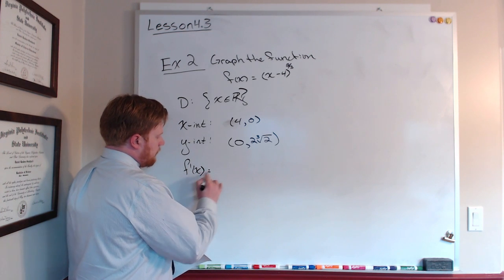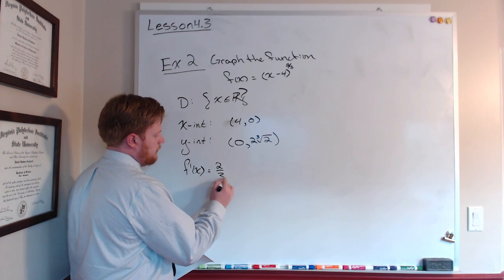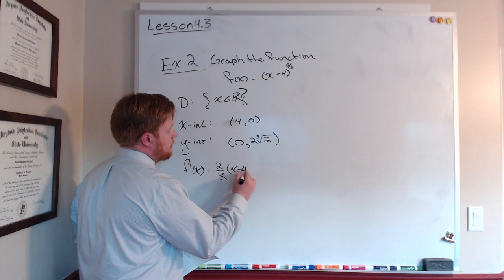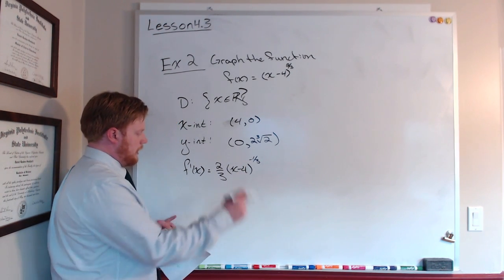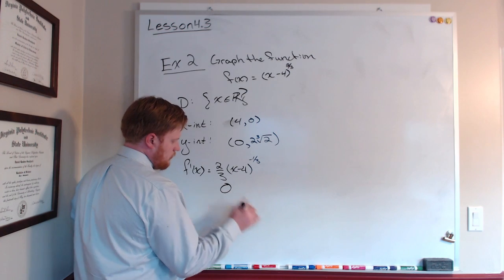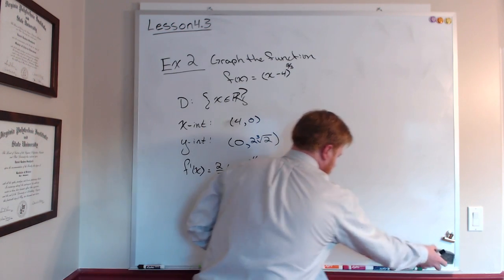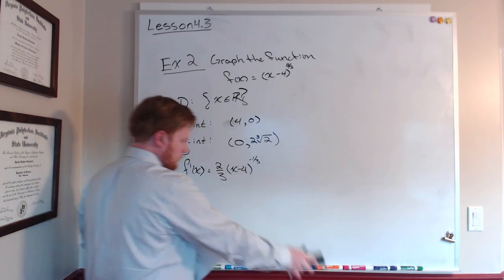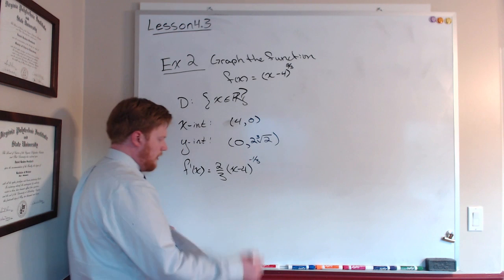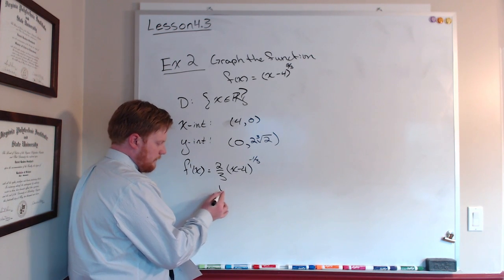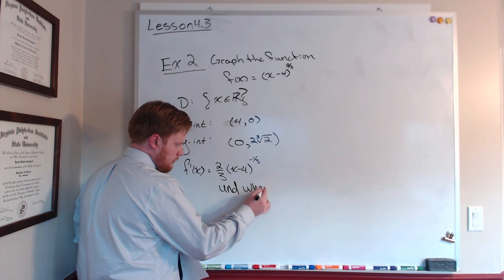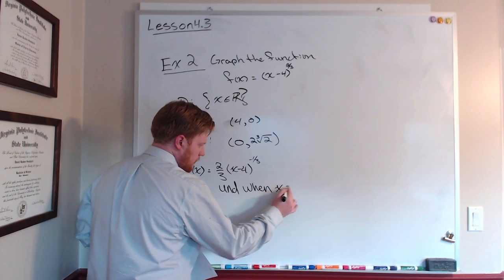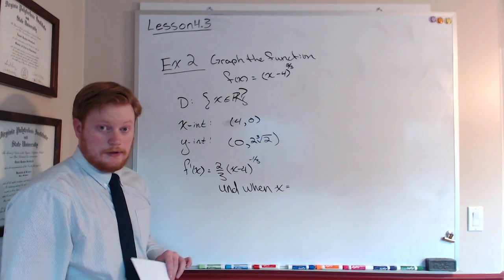So my first derivative is 2/3 times x minus 4 to the negative 1/3 power. And that is 0? Ooh, it's actually never 0. However, it is undefined when x is equal to 4.